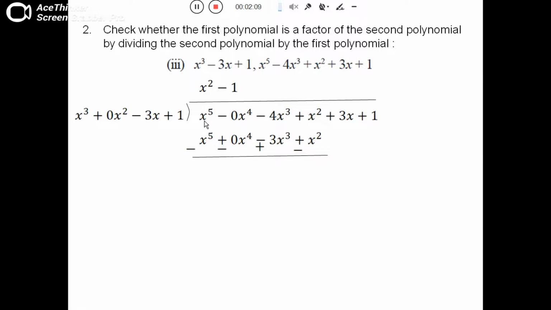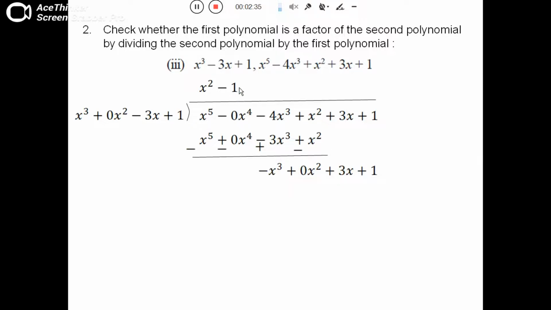This is cancelled, x raised 5 minus x raised 5. This 0 was 0. Minus 4x cube plus 3x cube gives you minus 1x cube. And x square minus x square gives you 0x square that we have written here. Plus 3x we have taken down, and plus 1 also.